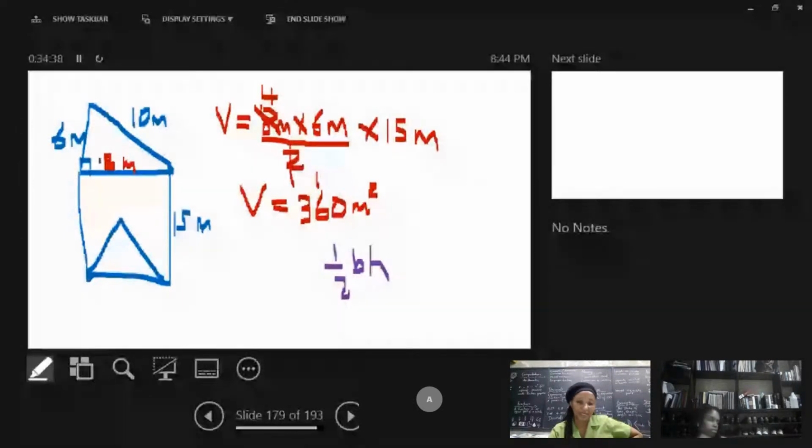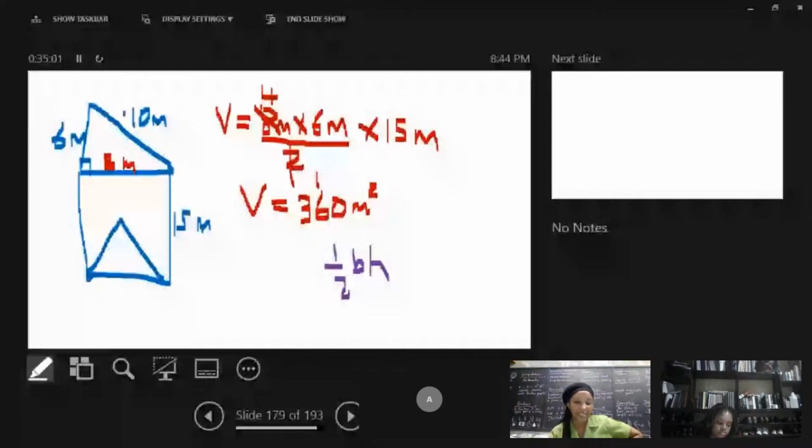At first we didn't know the base, but we could find it because it was a right angle triangle. Since the hypotenuse is 10 and one side is 6, the other side must be 8. It's a special triangle, the 6, 8, 10 triangle. 6 squared plus 8 squared is equal to 10 squared. So we could easily see that this must be 8, and so we could use half base times height.